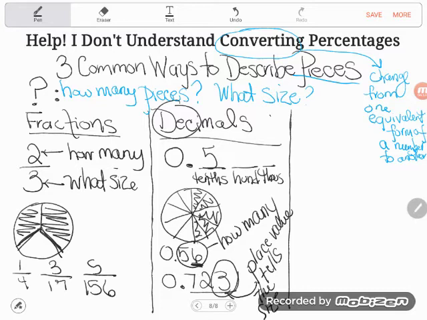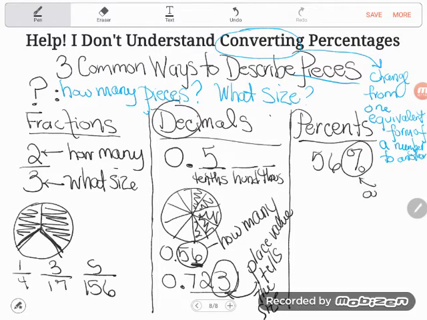Well, if decimals were limited, percents are so limited. With percents, you only have one size, one option. The percent sign, like for example, 56%, literally means out of 100. Your size is always out of 100 with percents.